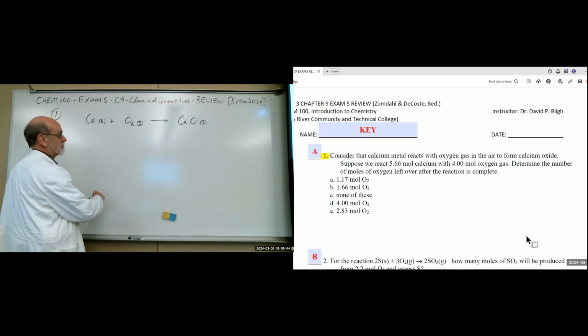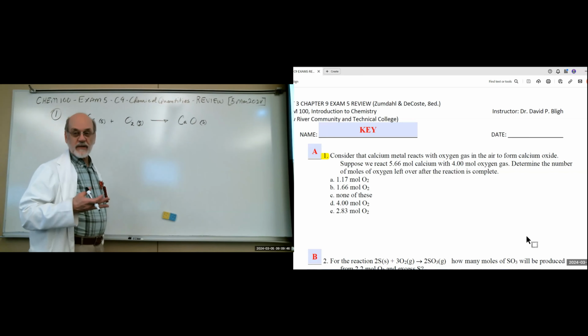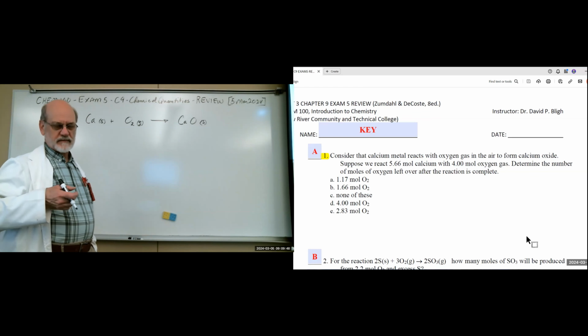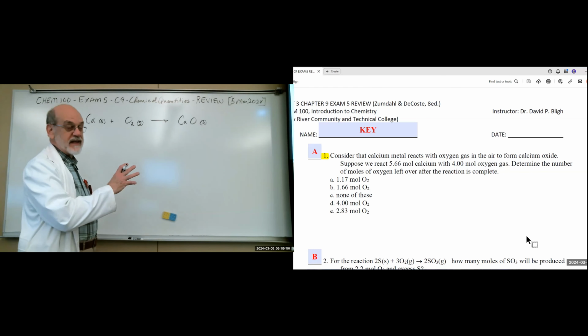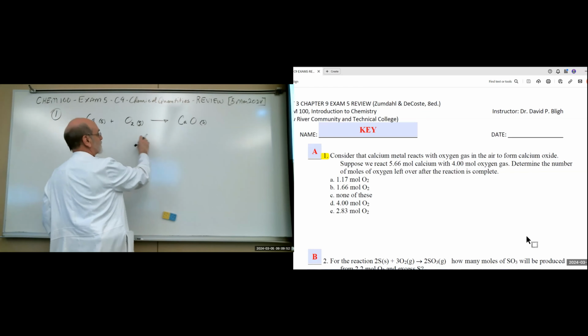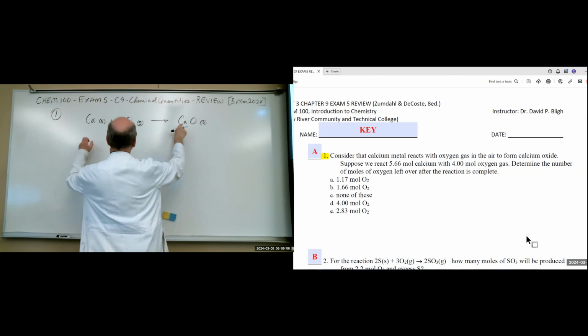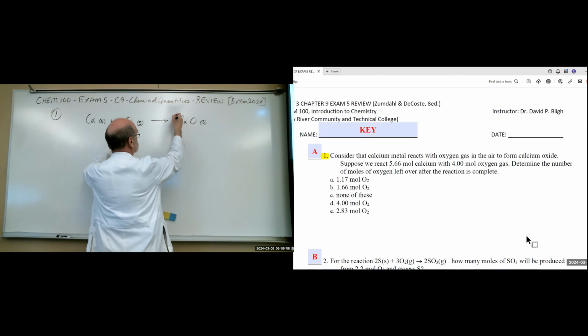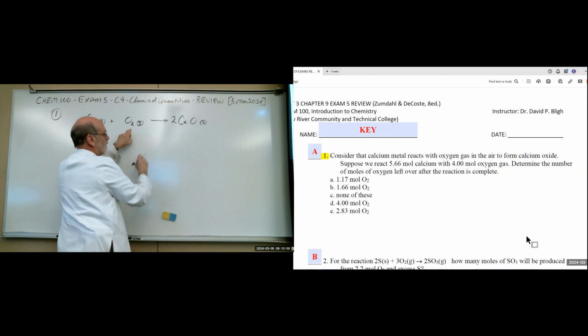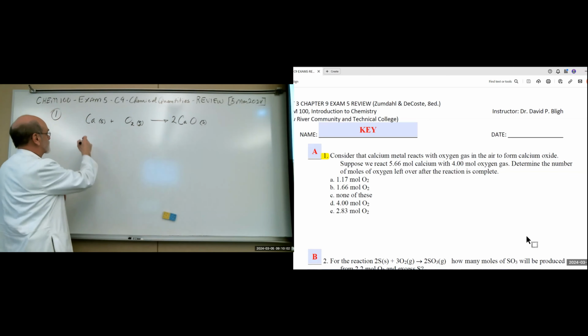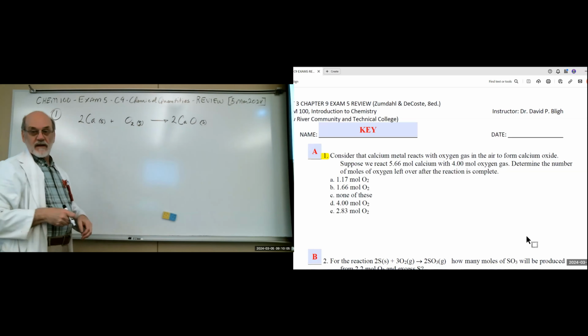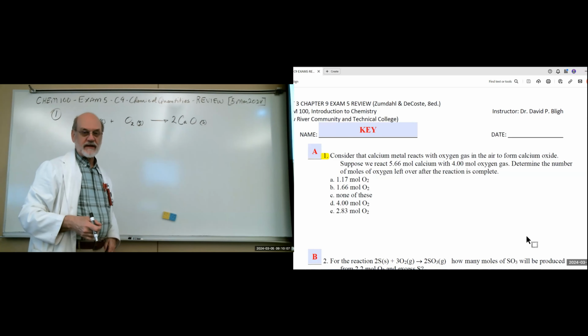Now, what's the balance? Well, we could set up the budget, but that would be a waste of time because this is easily balanced. Element, compound. All you need is to figure out, right, we got 1 calcium, we need 2 oxygens. Now we have 2 oxygens, but we need 2 calciums now. That's balanced, quick and easy.